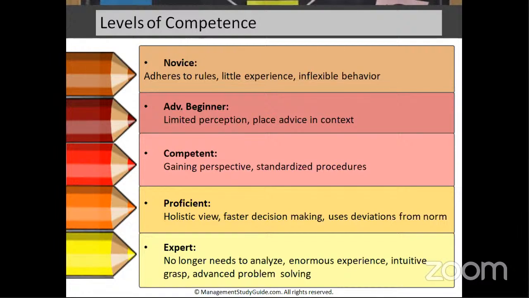The novice does not really know anything about this whole work, so he critically adheres to rules, has little experience, and has inflexible behavior. Then you have the beginner: limited perception, places advice in context. Then the competent: gaining perspective, standardized procedures. Proficient: holistic view, faster decision making, uses deviations from the norm. And the expert no longer needs to analyze. He has enormous experience, an intuitive grasp and advanced problem solving.